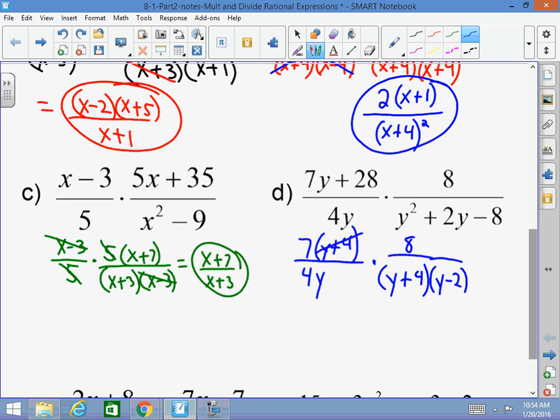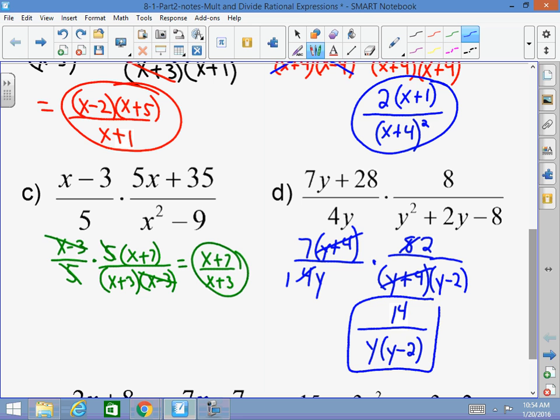The y plus 4 cancels with the y plus 4. 4 goes into 4 one time, 4 goes into 8 two times, and I'm done. I cannot cancel anything else out. 7 times 2 is 14 over y times y minus 2.